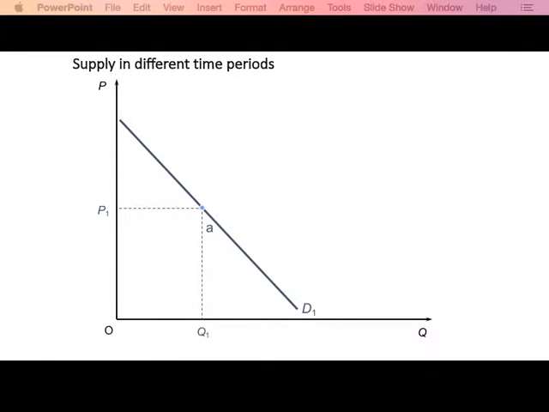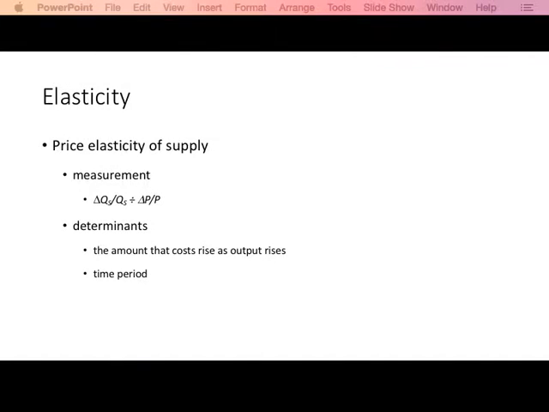Let's assume that this is a slightly different example, but I think I can simplify it a bit. It's a good animation, but I think the way time period affects the elasticity can be explained in a slightly different way as well. Let me draw it on the board.